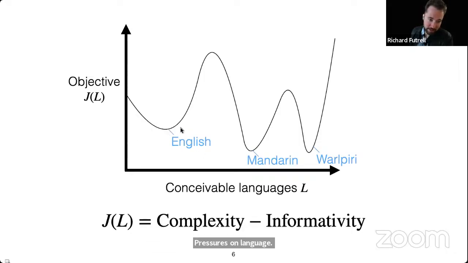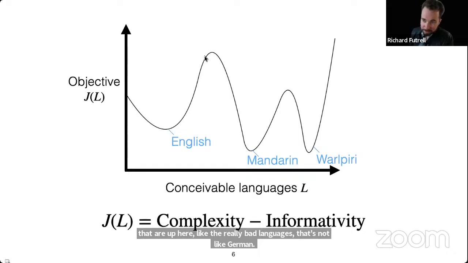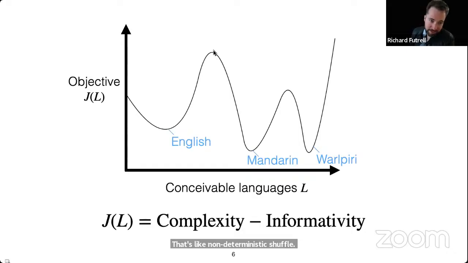So I'd expect languages to be, that's why English, Mandarin, and Walbury here are sort of off center. They're not exactly in the middle, but you expect languages to be close to the bottoms of this fitness landscape. I also think that when you think about the languages up here, the really bad languages, that's not like German. That's like non-deterministic shuffle. The really bad languages are things that you would absolutely never find in human languages.